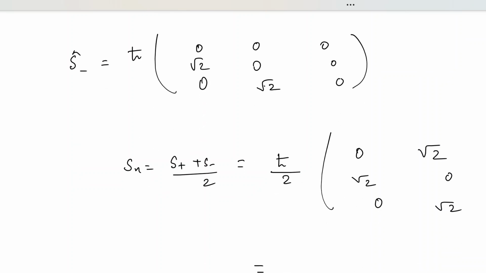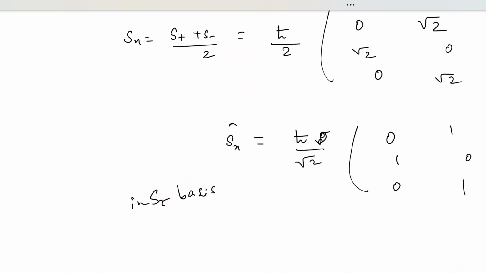So if you take root 2 common, you see that this is ħ by root 2 times 0 1 0 1 0 1 0 1 0. This is all in the Sz basis.